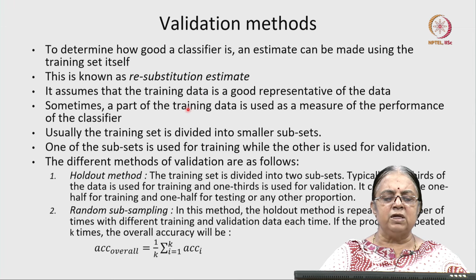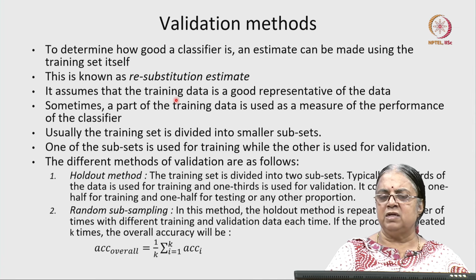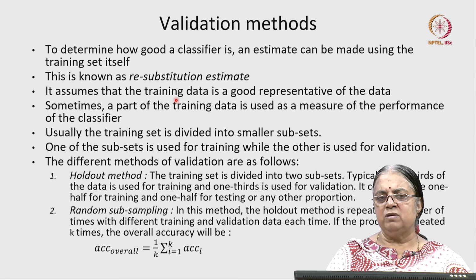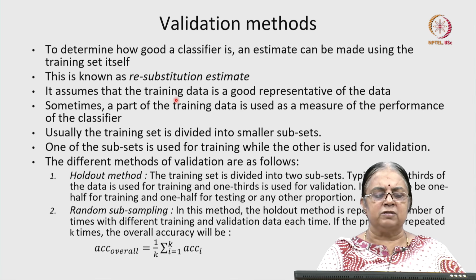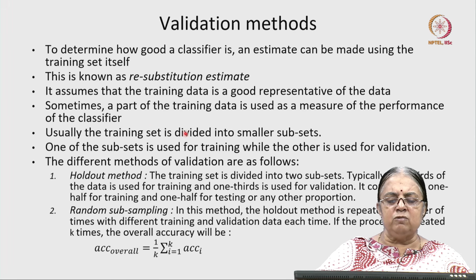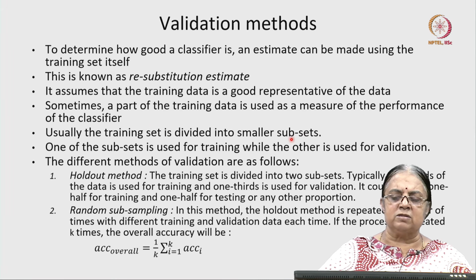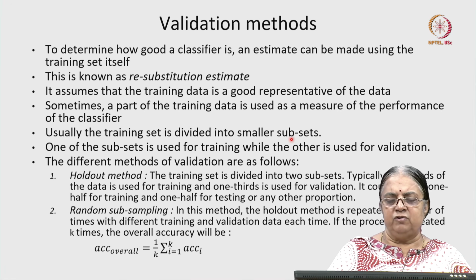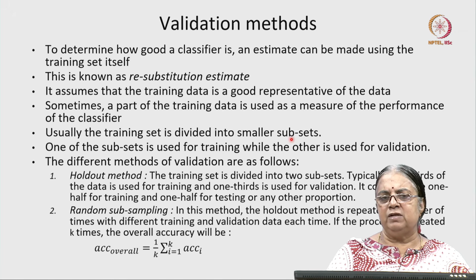What is generally done is that you take part of the training data to develop the classifier and use part of the training data to run the classifier on and get some type of an accuracy, which will tell you how good the classifier is. Usually you subdivide it into smaller subsets. There are a number of ways of doing this. You can use one of the subsets for training and the other subset or subsets for validation.